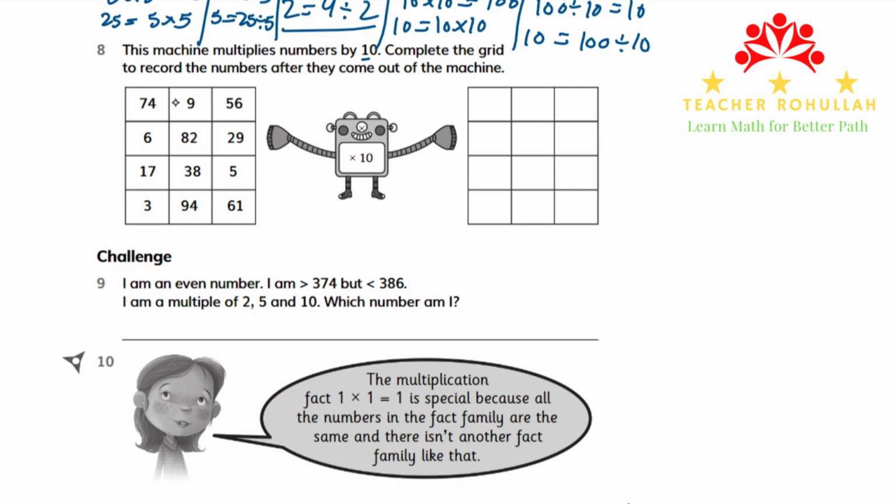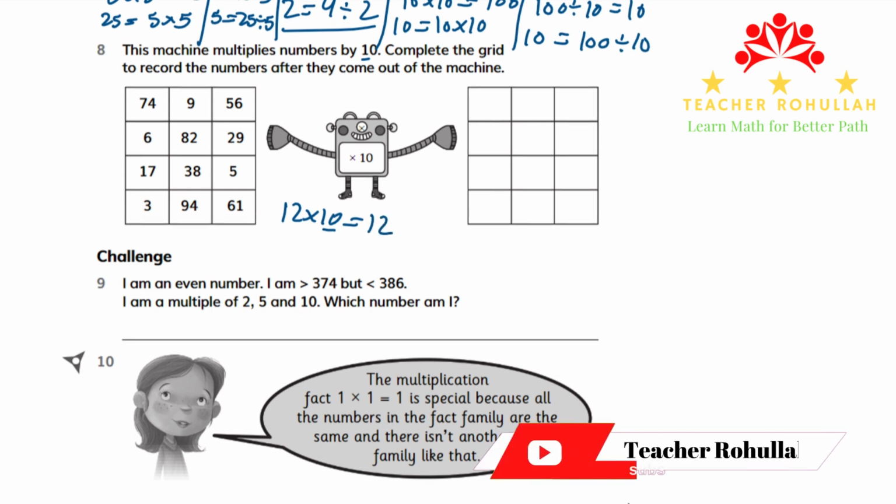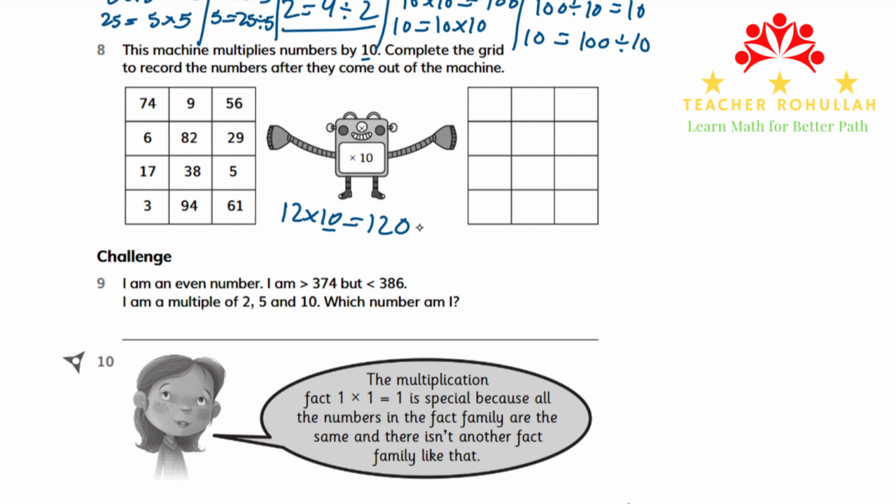Before multiplying these numbers by 10 and writing the answer here, I want to share a trick for multiplying any number by 10. When we have any number, let's say 12, 12 times 10, we write the number itself and just add a 0 to the right of it. So the number we get is 120.